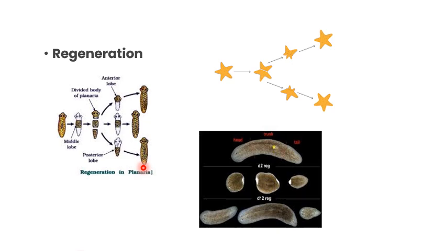Planaria is a better example where the regeneration process occurs in a clear manner. This is a real picture of planaria, where regeneration occurs, and even in starfish you can see the process called regeneration. I hope you got it, children. Let us move on to the next slide.